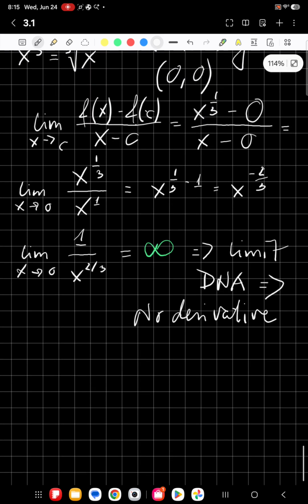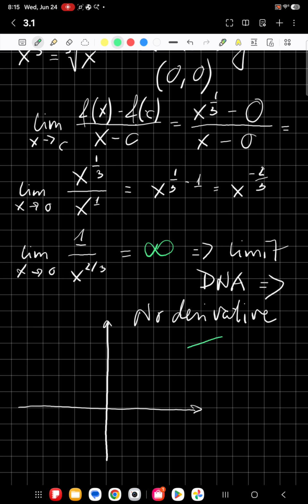And let's look at the graph. Why is there no derivative? Okay, so here's the graph of that cube root of x. It's supposed to go through the origin. Well, it doesn't, but anyway, so what is happening?